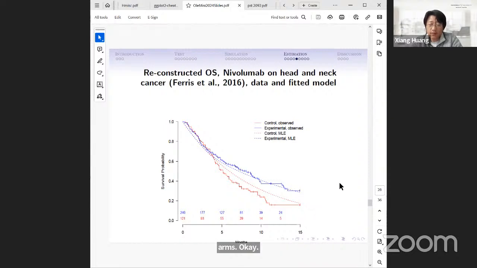But when we do this estimation, you can see for the blue one, the control arm, the smooth curve does not match the real data set perfectly.